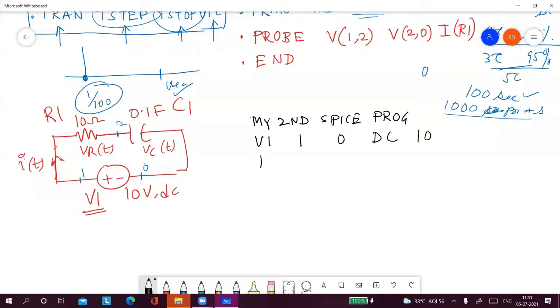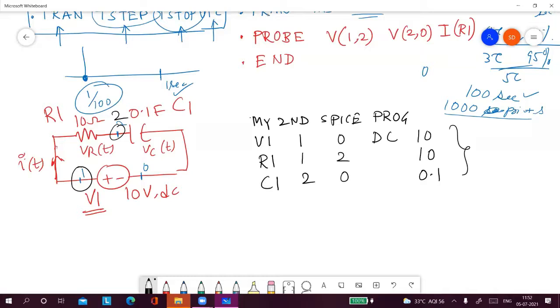Then the resistance R1, connected between 1 and 2, with magnitude 10 ohm. Then the capacitance C1, connected between node 2 and 0, and its value is 0.1. These are the 3 element statements of the circuit description.